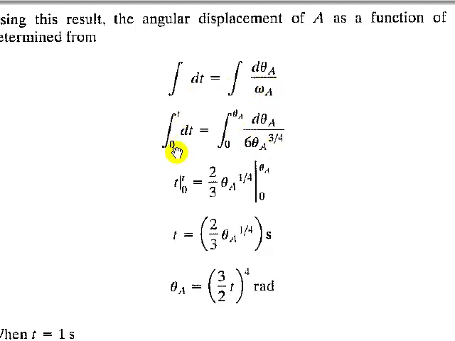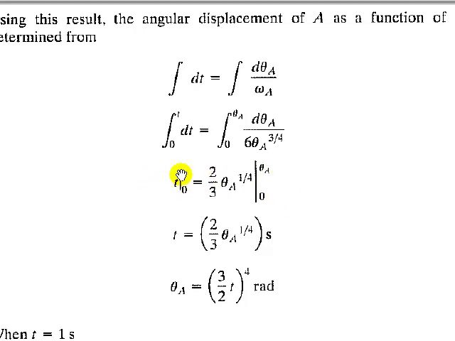So we'll be integrating dt on the left-hand side from 0 to a generic t, and we'll be integrating d theta over 6 theta to the 3/4 power, integrating from 0 to a dummy theta. Doing this integral, we'll get a theta to the 1/4 power multiplied by 2/3 over the limit 0 to theta.